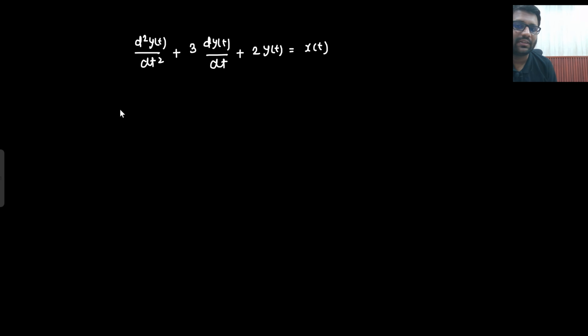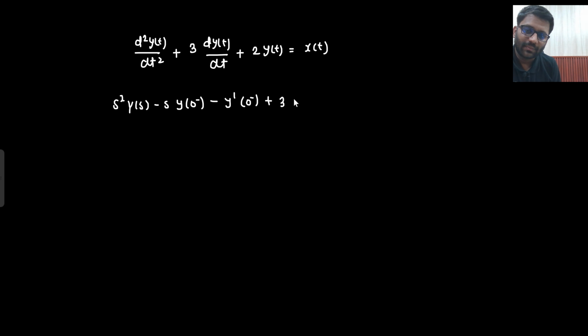But now if I have this differential equation, can I write down my Laplace transform: s square Y(s) minus s y(0 minus) minus y dash (0 minus), plus 3 s Y(s) minus 3 y(0 minus), plus 2 Y(s) is equal to X(s).